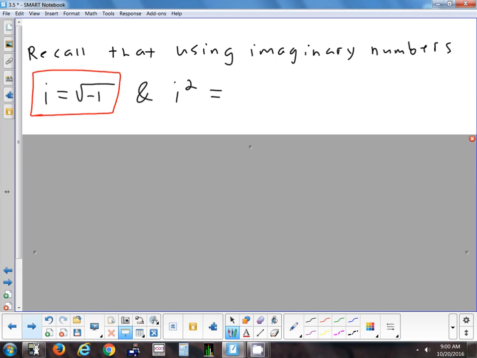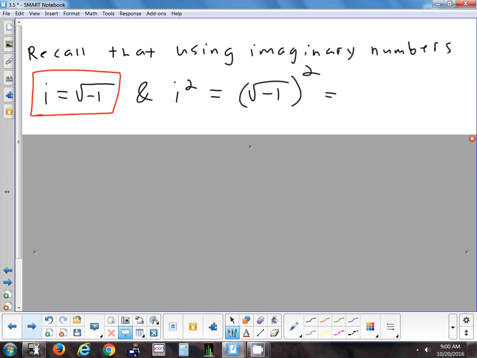Now from there, we can figure out what i squared is. Okay, i squared comes up a lot. So i is the square root of negative 1. So I could write it like this. It's the square root of negative 1 squared. Well, what happens when you square and square root? They cancel out, and you're just left with what's under the root.